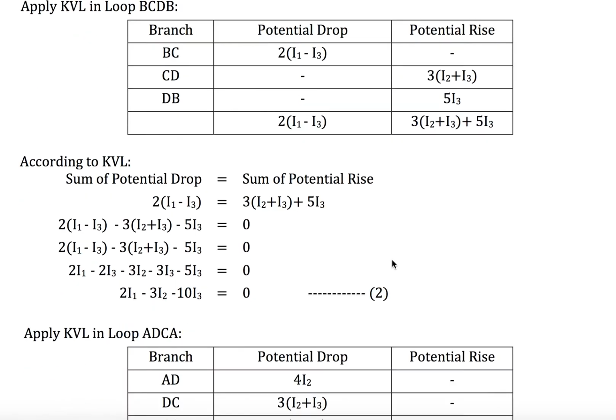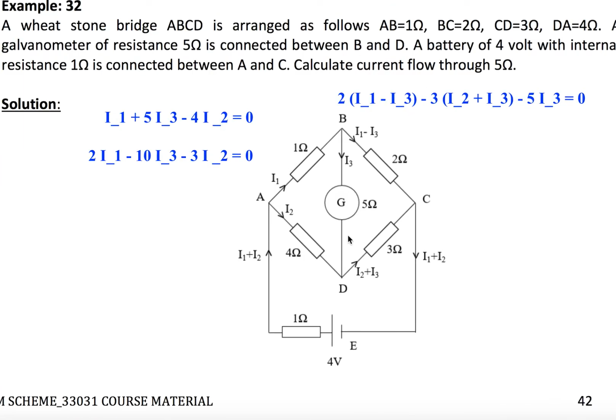Okay, what about third equation, ADCA? ADCA is the loop. ADCA, this loop they took. You can also take ABCA. That loop also you can equivalently take. No problem. Still you will get the answer whatever the loop you take, either downward loop or upward loop.